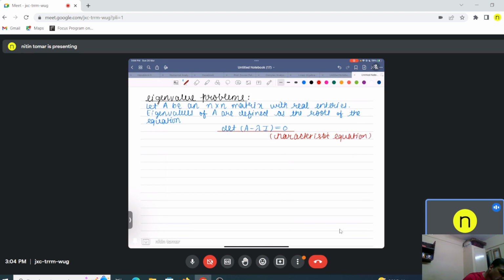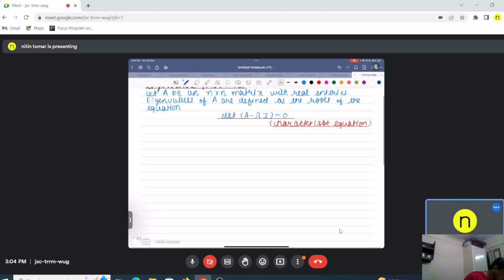So eigenvalues are nothing but the roots of the characteristic equation. Now why are we studying this? Because we will see a method known as the power method which uses this eigenvalue.